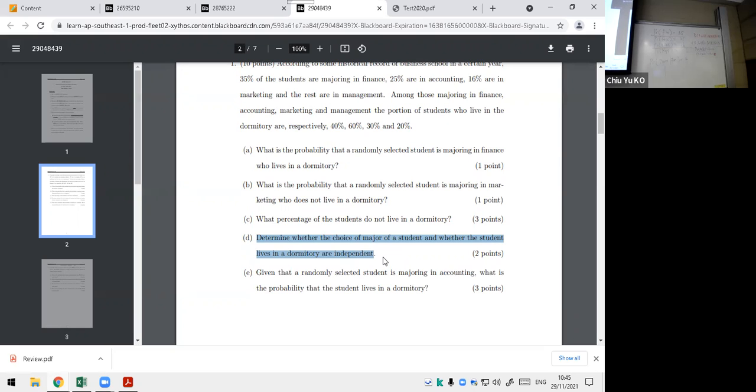Oh, I think this is easy. You don't need to do anything, you're done. This is free. So just 0.6. You get free marks already.